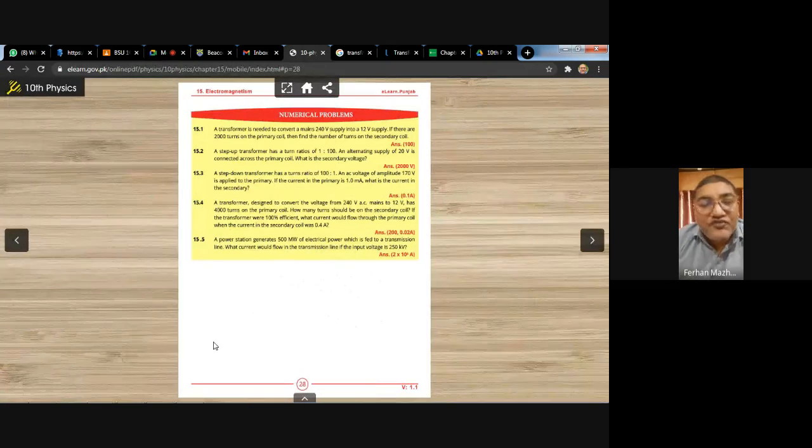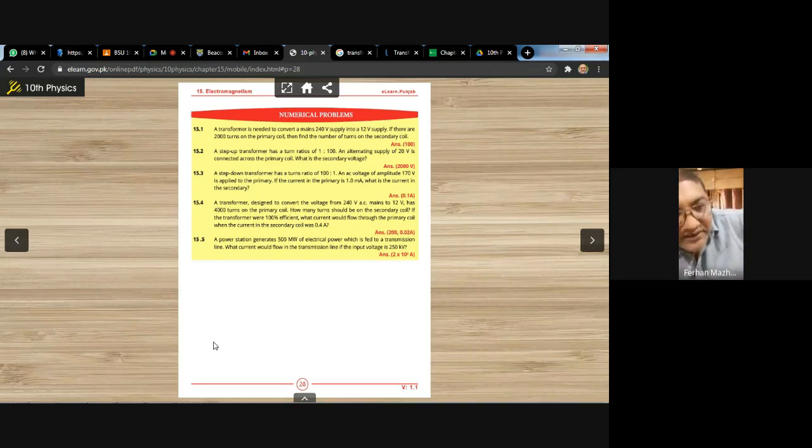And then we have this fourth numerical, 15.4. A transformer designed to convert the voltage from 240 volt AC mains to 12 volt has 4,000 turns on the primary coil. Okay, so try to understand this first sentence.